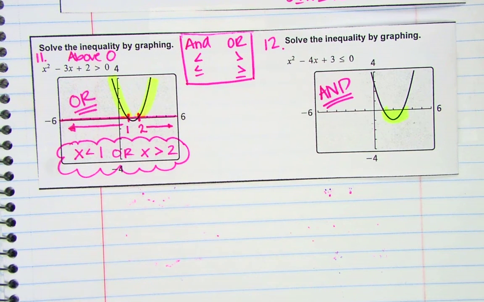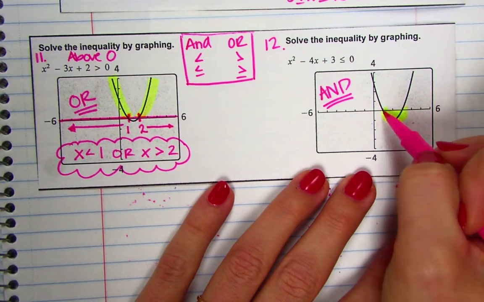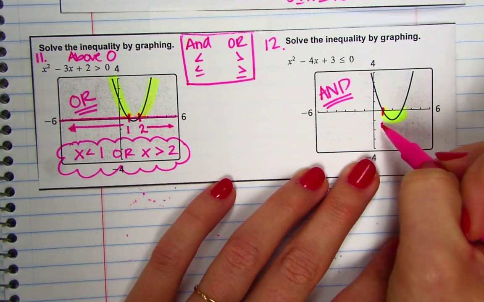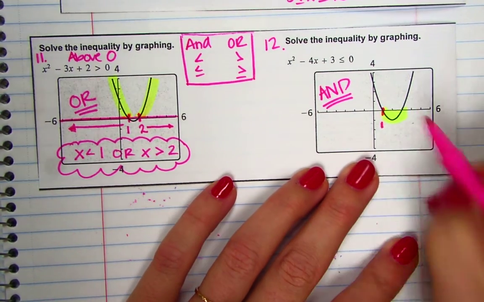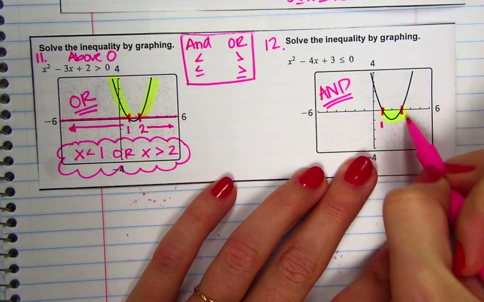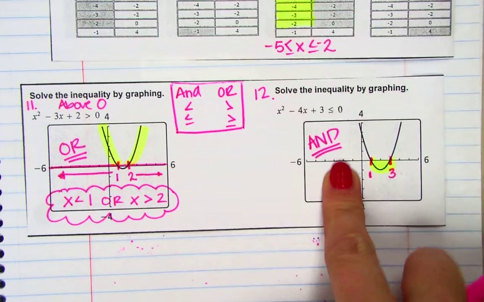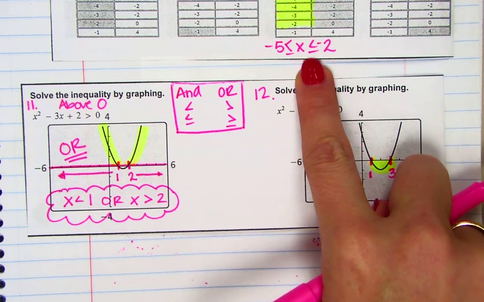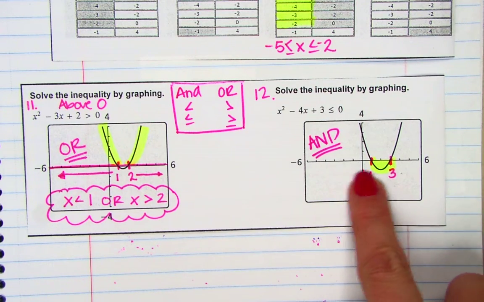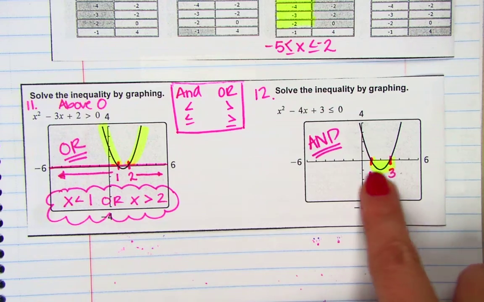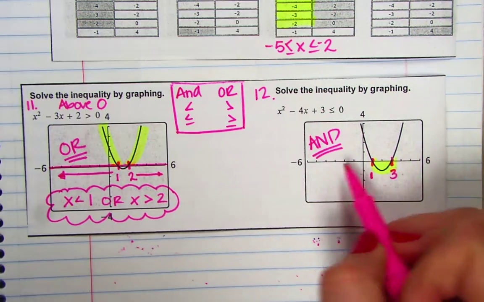Where does it go underneath the line? 1. And where does it come back up? 3. So an and problem, we write it like this. This one's an and problem. It's basically between 1 and 3, the graph is below 0. Because again, this is 0.